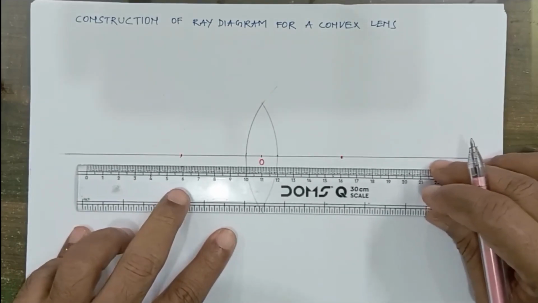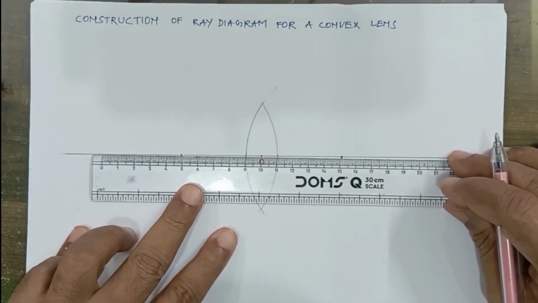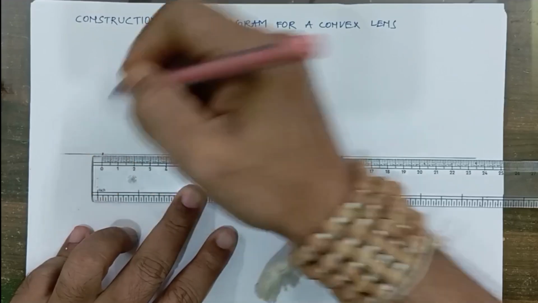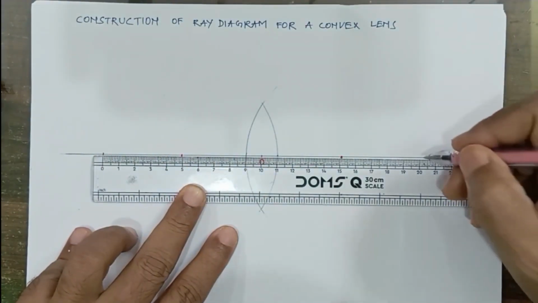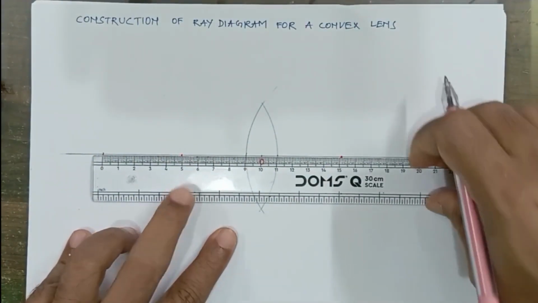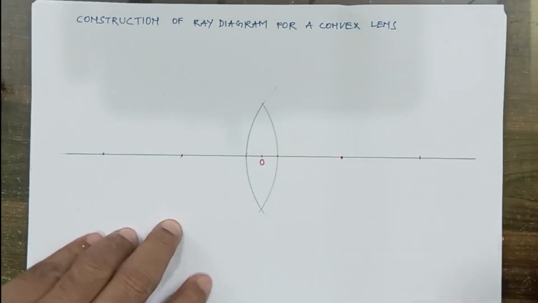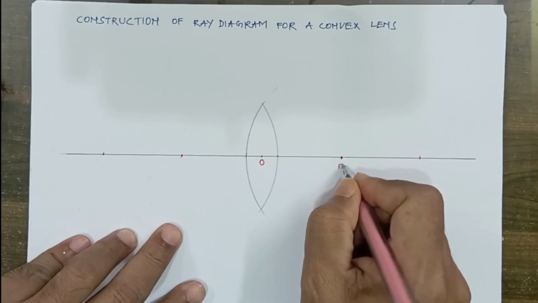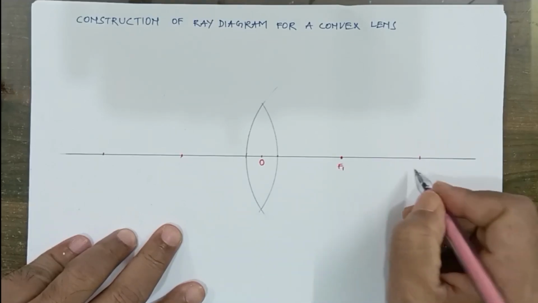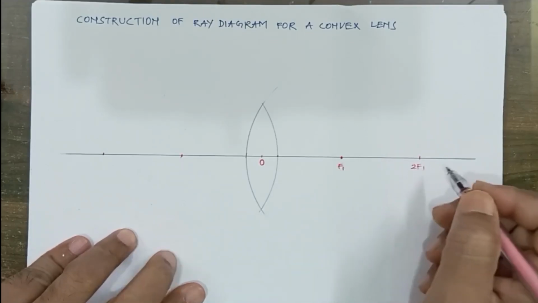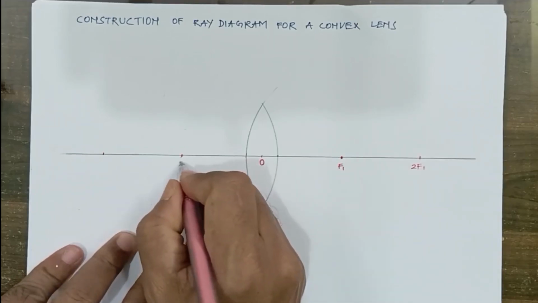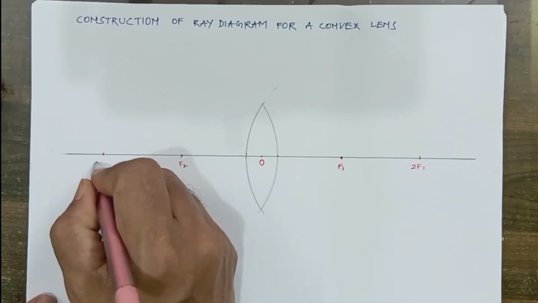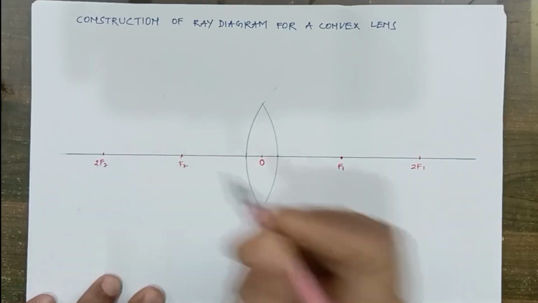So I will mark the second focal point at 10 centimeters on the other side. Okay. So F1 first focal point, 2F1 second focal point, F2 first focal point on the left side, and 2F2 second focal point on the left side.